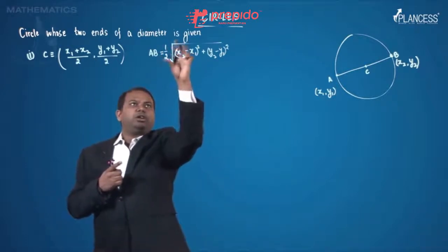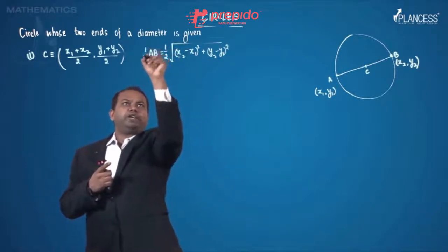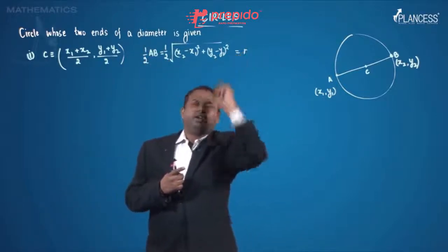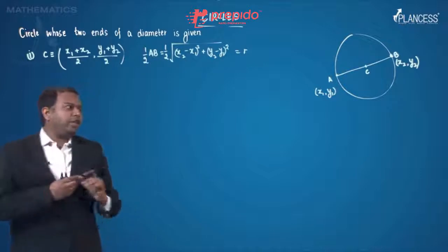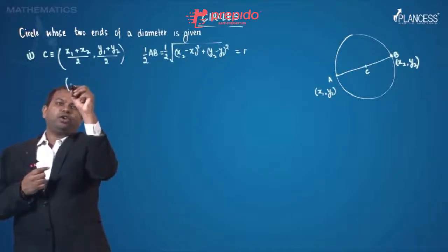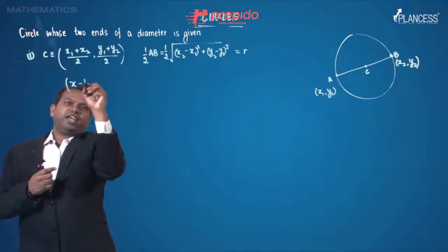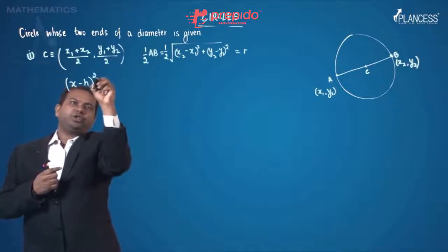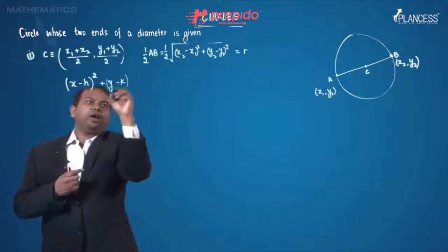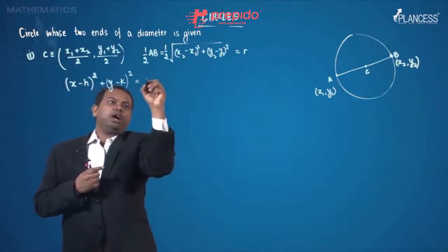So AB by 2 will give us the radius, let us say r. So for the equation of the circle, let us recall the standard equation, which is x minus h whole square plus y minus k whole square is equal to r square.